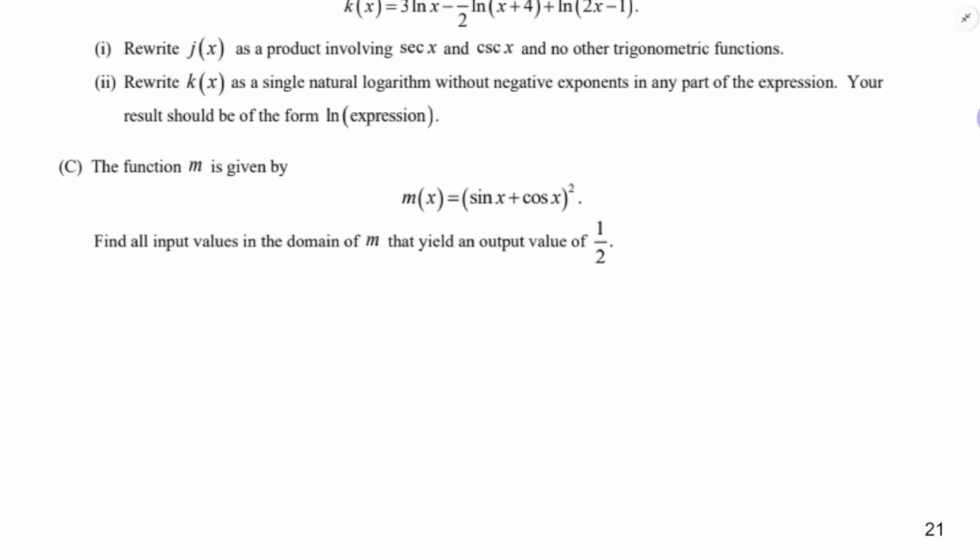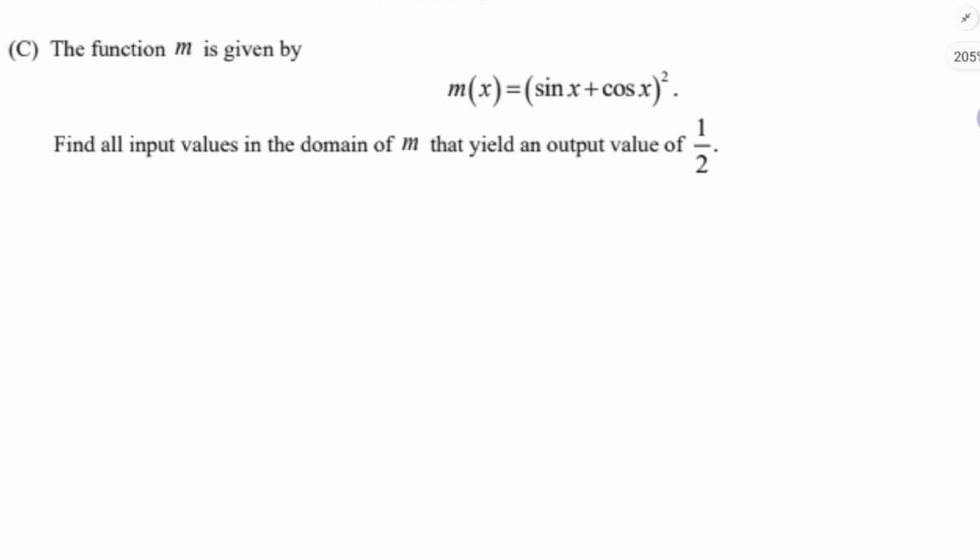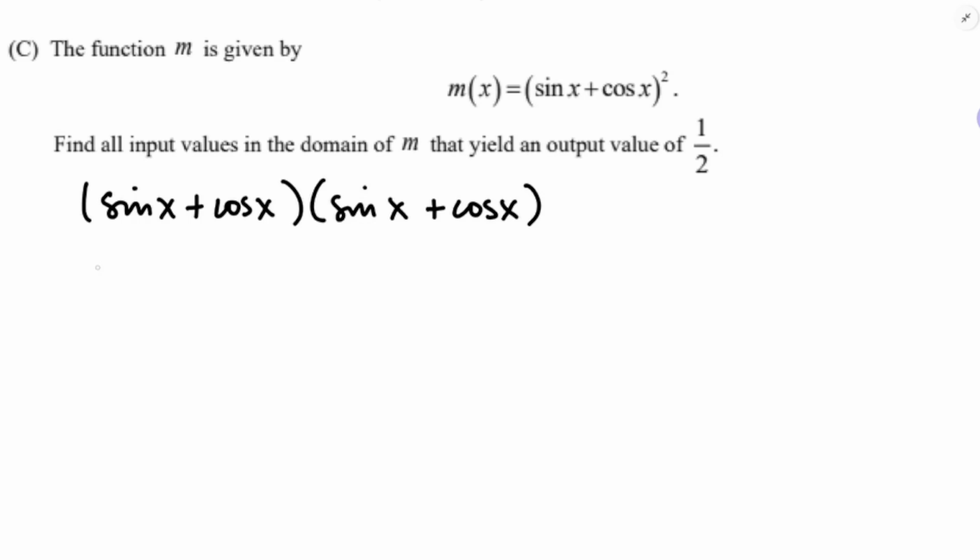So what I'm going to do is actually write out m of x. If I take sine x plus cosine x and I square it, we need to multiply it out like this. And I'll have sine x times sine x is sine squared x.